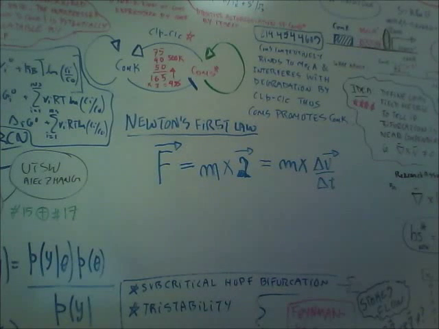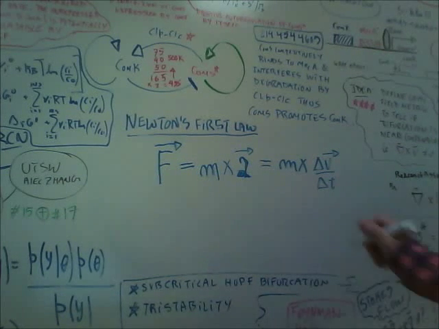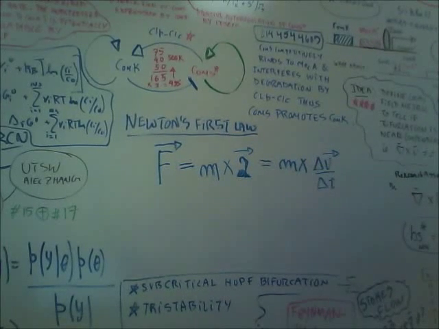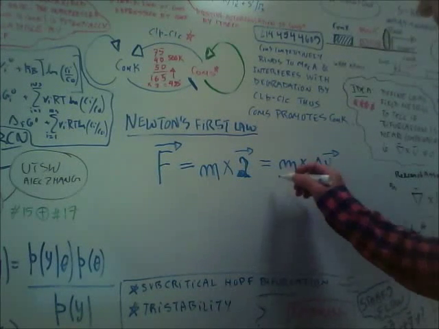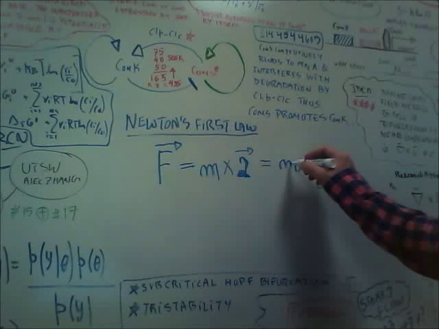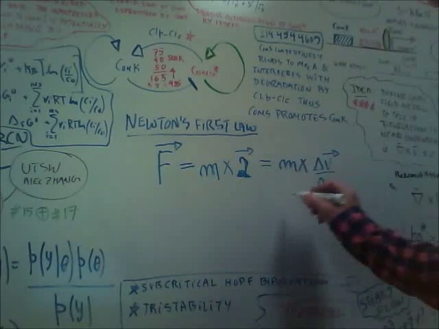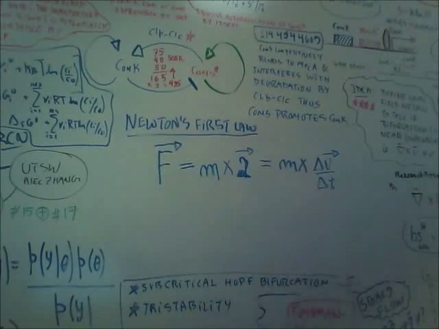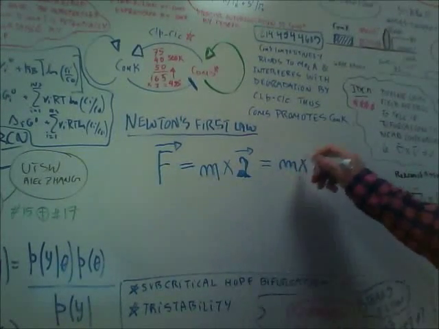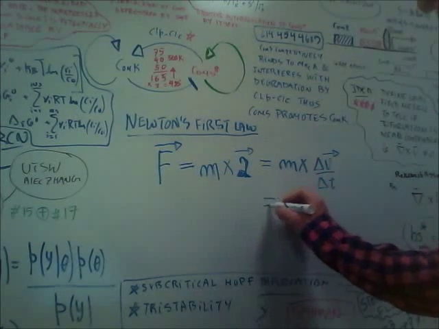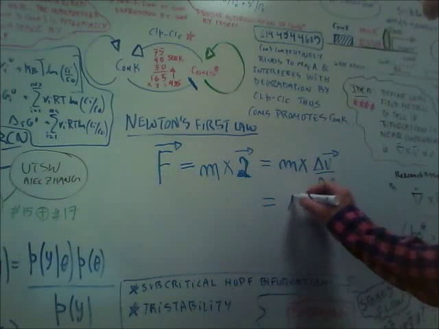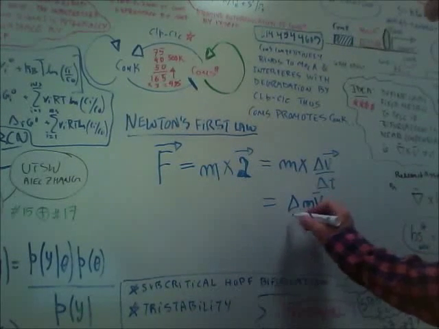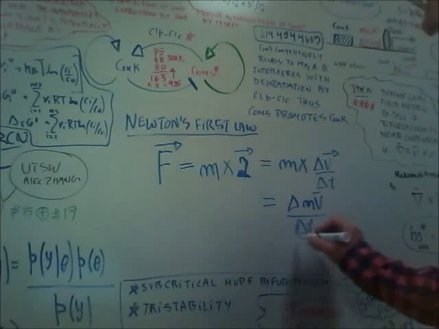So anyway, this is a very interesting equation, because since the mass is a scalar, you could easily stick it inside the change, past the change. It doesn't matter that the mass is outside or inside the difference. So you could write this as delta (m v) over delta t as delta t tends to 0.